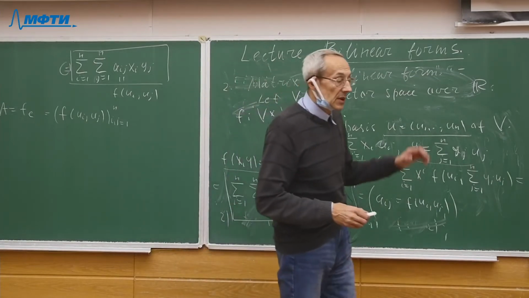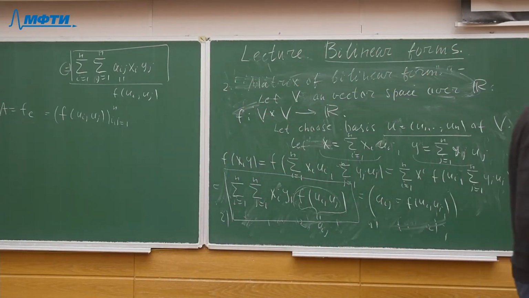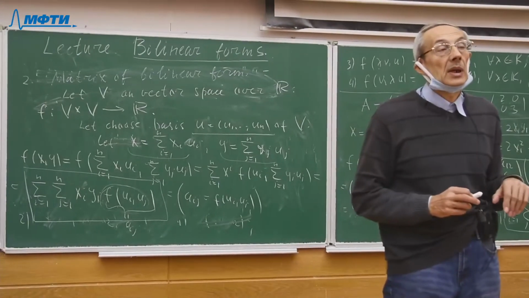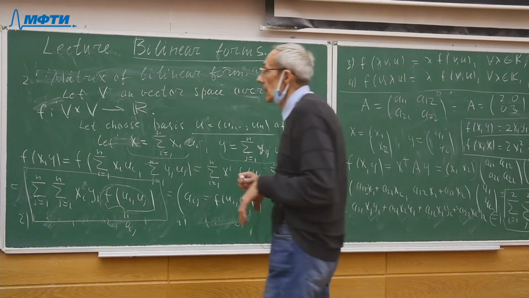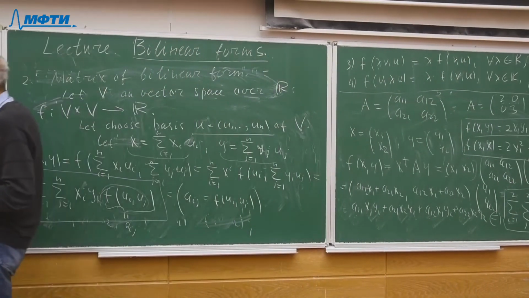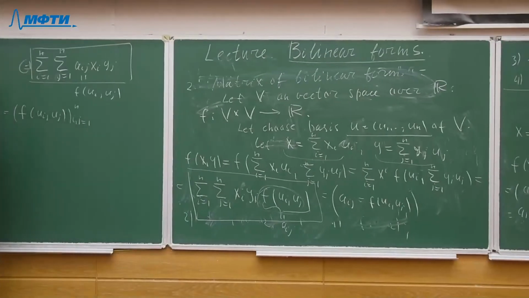If you fix some basis, a matrix can correspond to the bilinear form, which is called the matrix of the bilinear form. And this matrix is defined by the following formula.